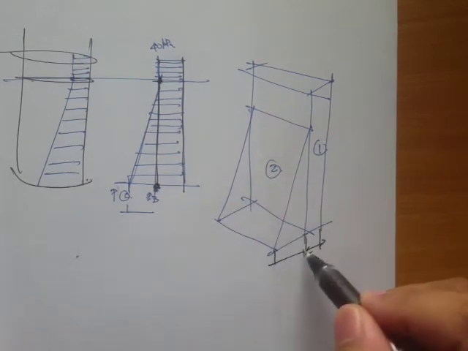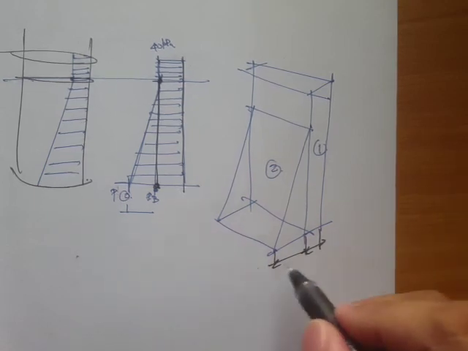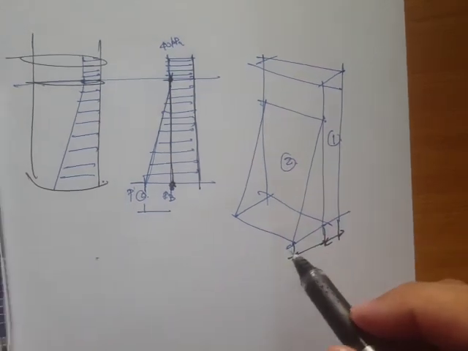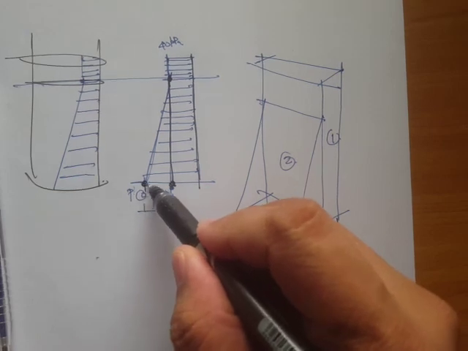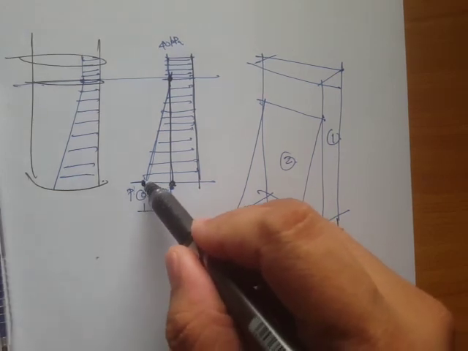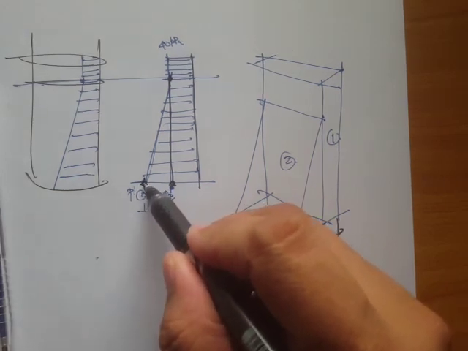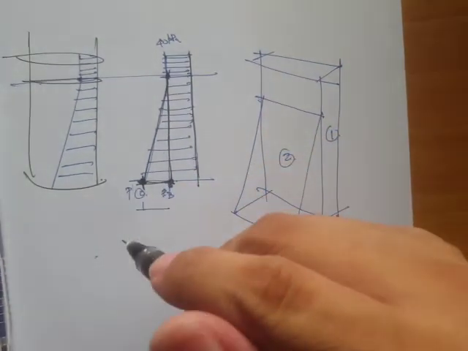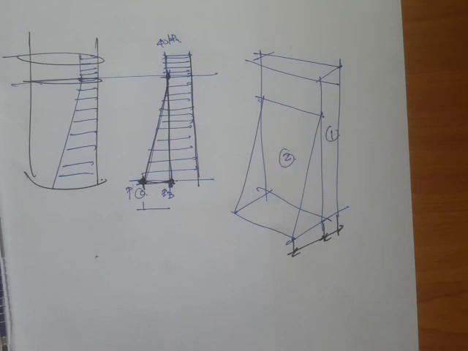Then here you have to use the pressure difference from whatever value you get at this point. It's all about geometry, and that's why we say it's a geometric method.